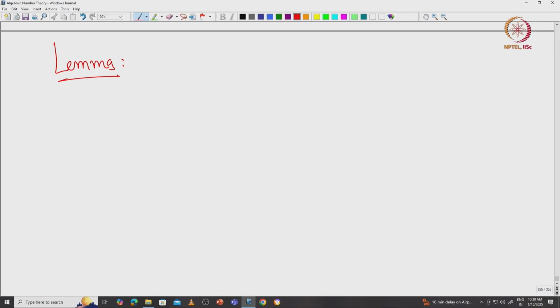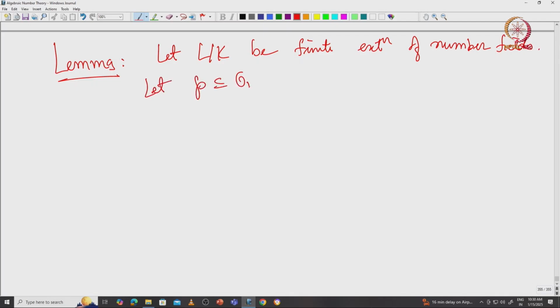So, let me state the lemma. Let L over K be a finite extension of number fields, let p in O_K and P in O_L above p be non-zero prime ideals in the respective number fields.